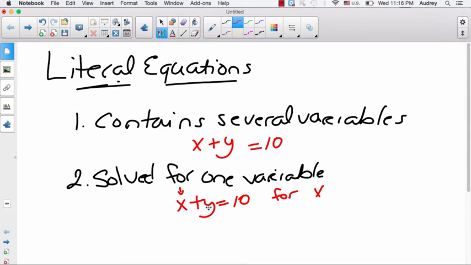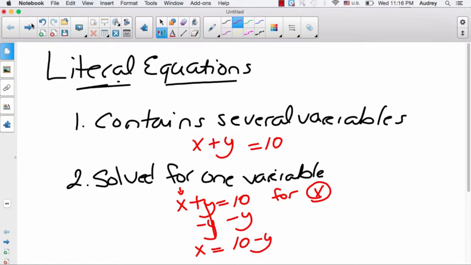Alrighty, so this is plus y. Well, how do I move a plus y? Of course, I do the inverse, which means I subtract y from both sides. These two cancel out, and I'm left with x equals 10 minus y. Well, guess what? I just solved for x. Solving for a variable just means, literally, get that variable alone. Alrighty, set it aside, put it by itself.